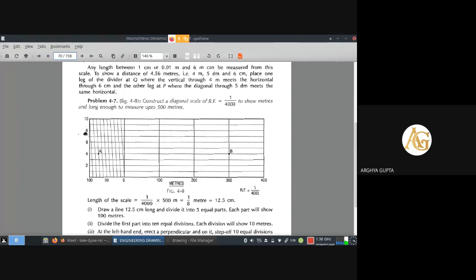So the rectangle part has been drawn, and that smaller line has been divided into 10 equal parts. Now we have to divide that line again into 10 equal parts. By shortcut you can take this measurement here with the divider and take 10 equal divisions, or if it is not correct, please divide that smaller line by drawing an inclined line here into 10 equal parts.